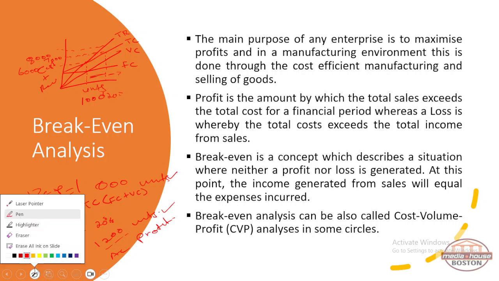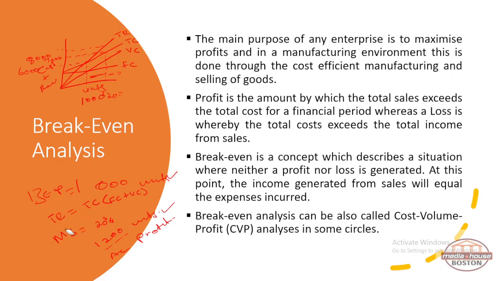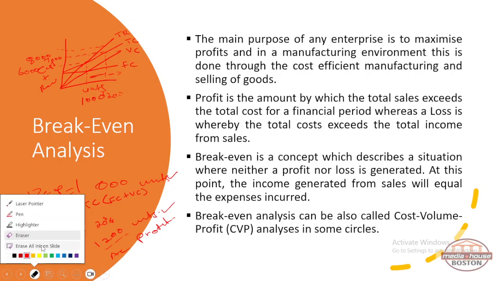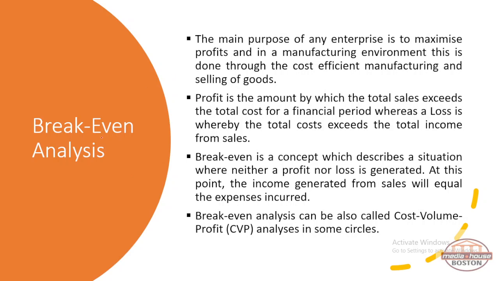So let's go to our lesson and see what we have. Here it says break-even analysis: the main purpose of many enterprises is to maximize profit, and in a manufacturing environment, this is done through cost-efficient manufacturing, where we try to minimize the cost as much as possible, and also in terms of selling the goods that we actually produced.